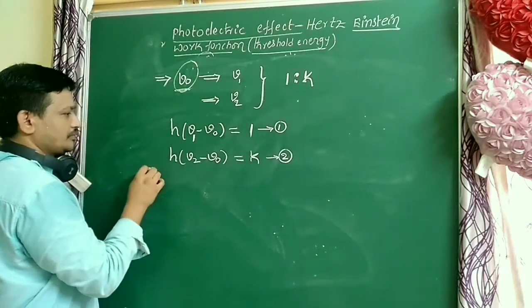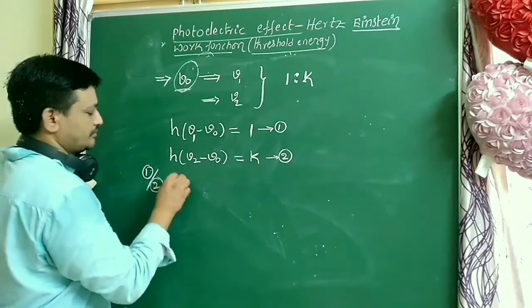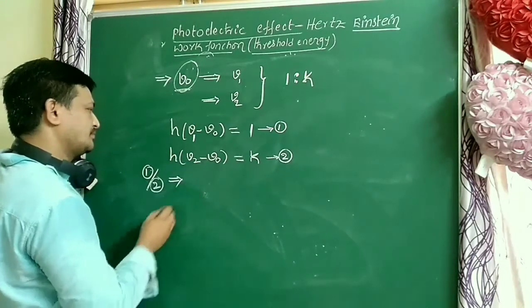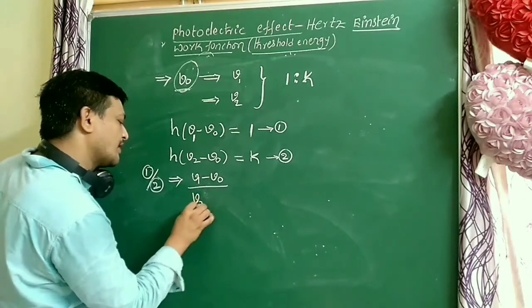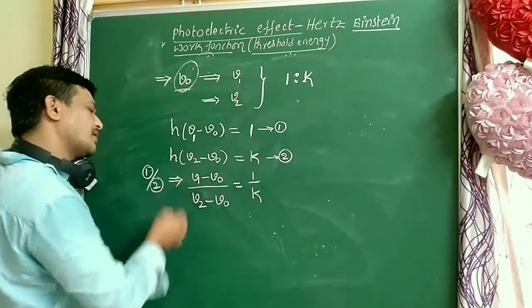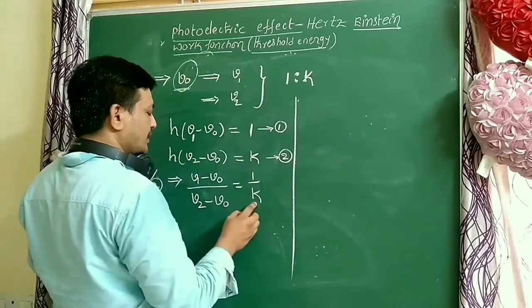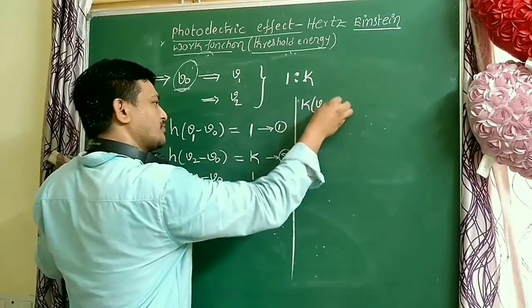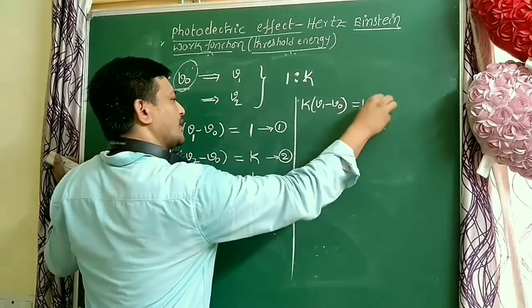Take 1 by 2: h cancels, so mu1 minus mu naught by mu2 minus mu naught equals 1/k. Cross multiplying, k into mu1 minus mu naught equals 1 into mu2 minus mu naught.